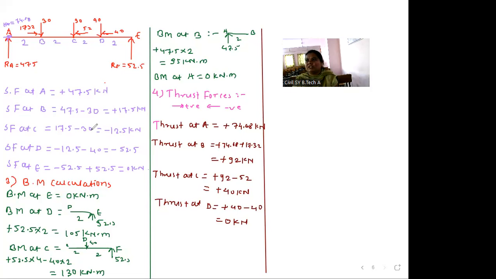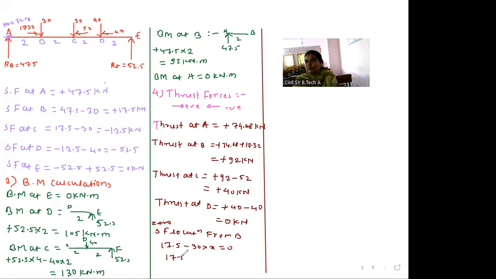So in between B to C, that means the zero shear force location. Okay, from B, 17.5 minus 30 into x is equal to 0.